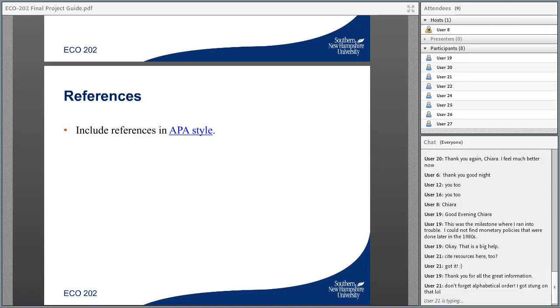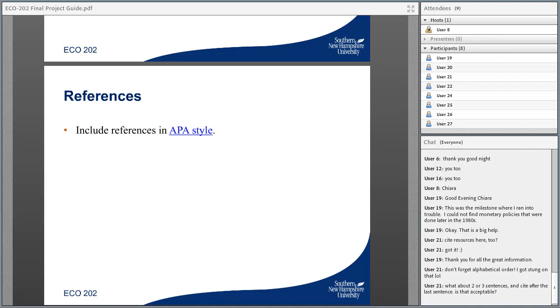You know, citing one time at the beginning, you do one sentence, then you cite, and then you continue using the same source, but you don't cite it again. That is incorrect. You need to cite again every time you continue using that source. So make sure you cite often and consistently throughout your content.